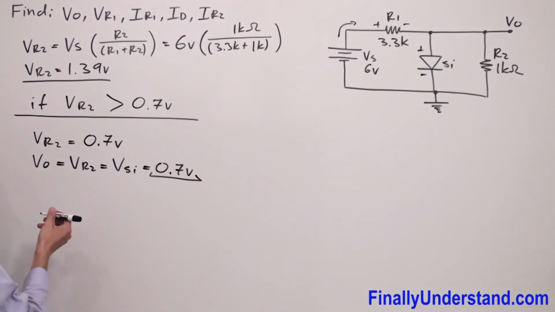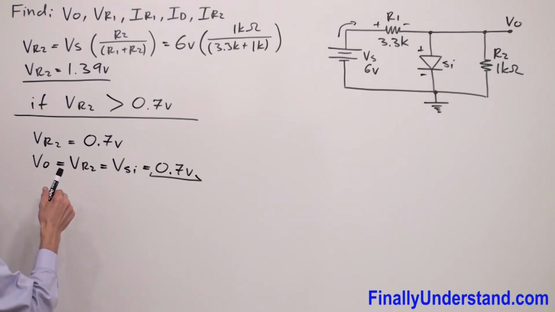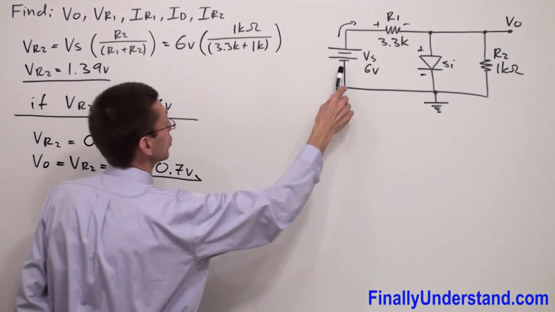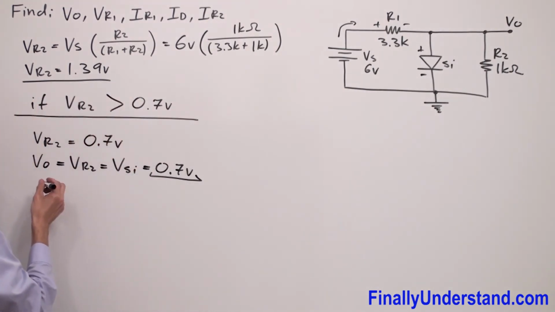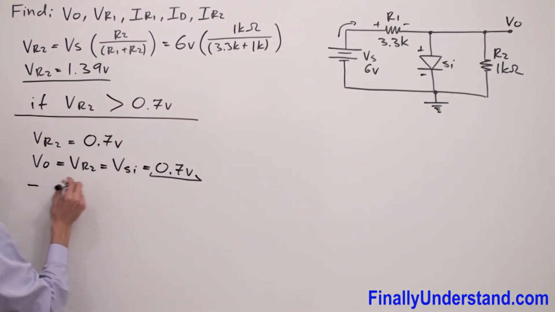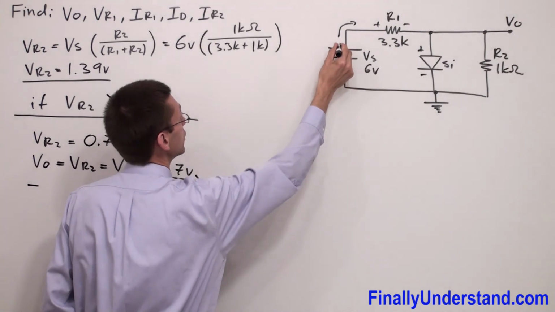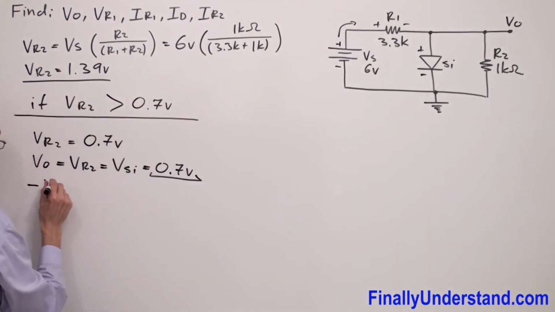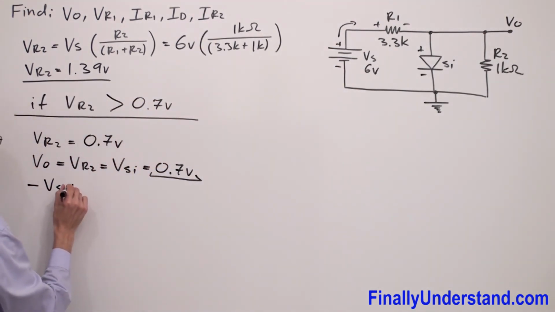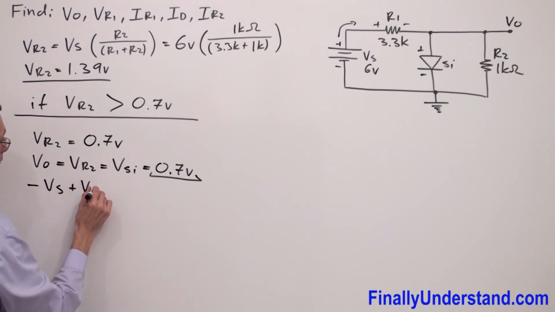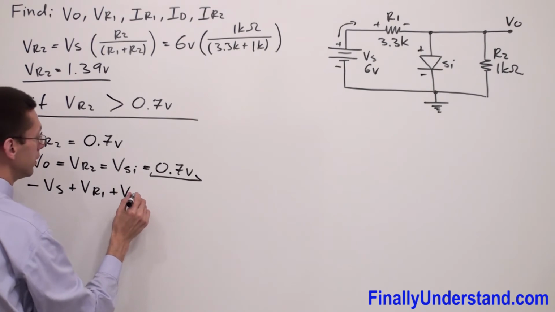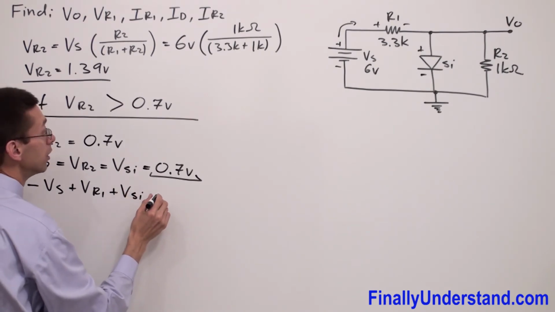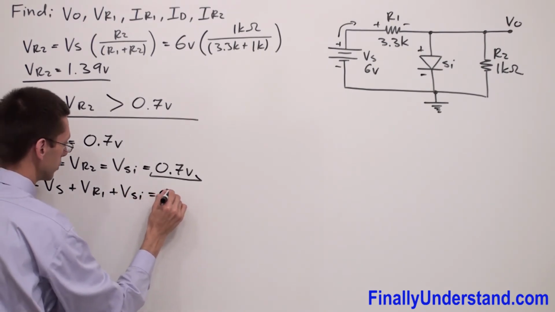So we can write the KVL equation for the circuit. We're going to talk about this loop only because we're looking for the voltage across resistor R1. So I have negative, because this is my negative terminal, this is positive, voltage source plus VR1 plus V silicon is equal to 0 volts.